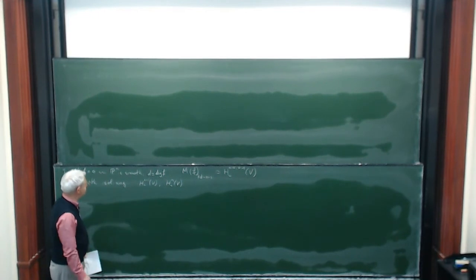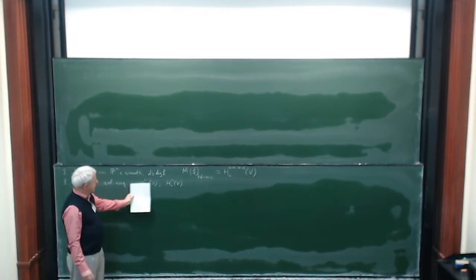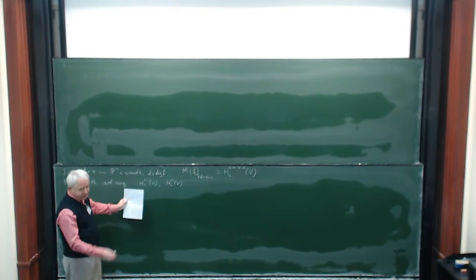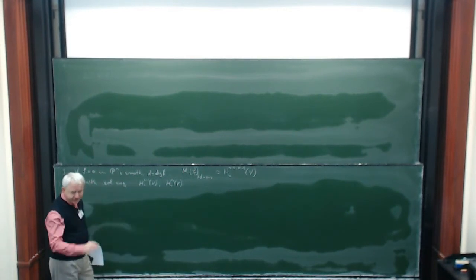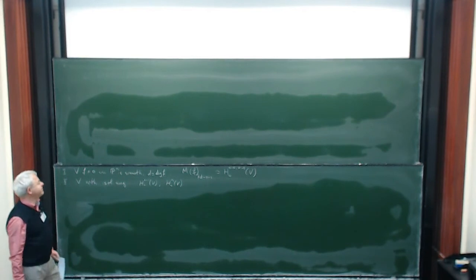And moreover, the difference of dimension is known, because this is just Euler characteristic, modulo something perfectly understood.